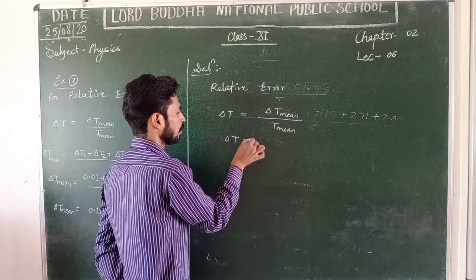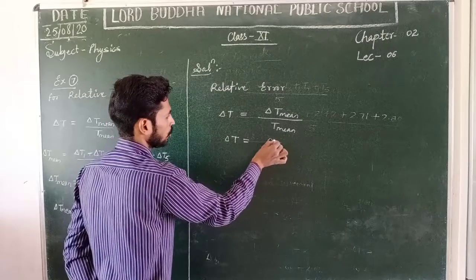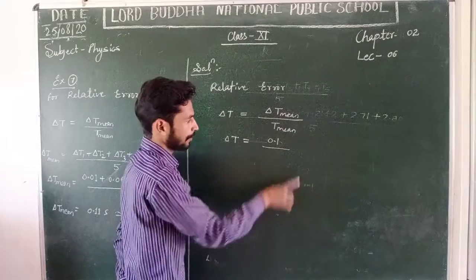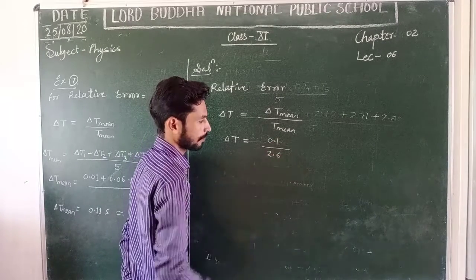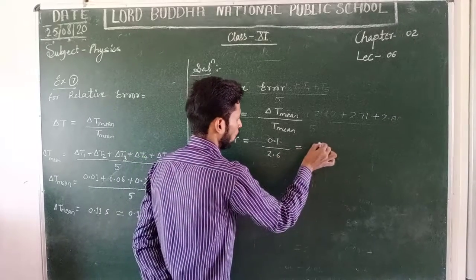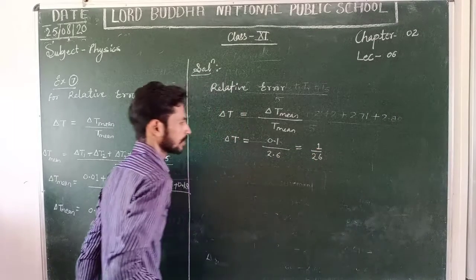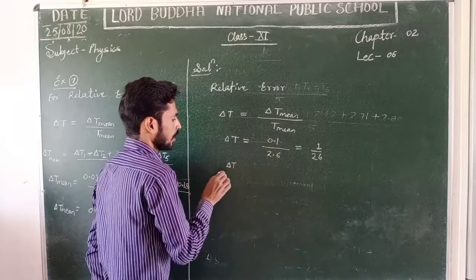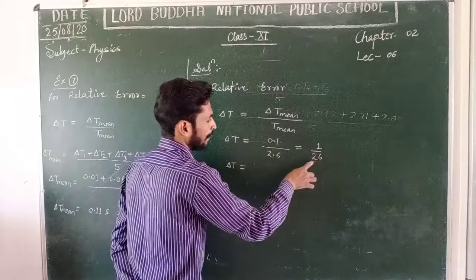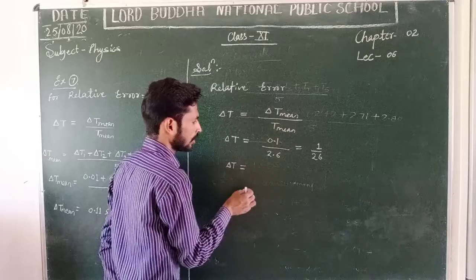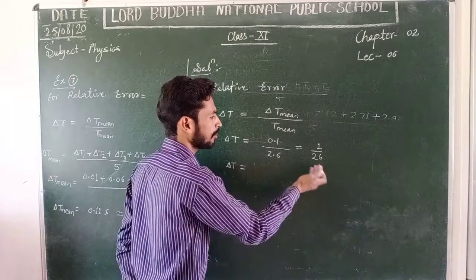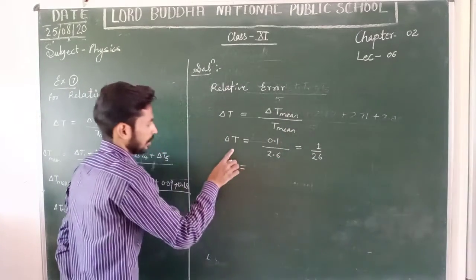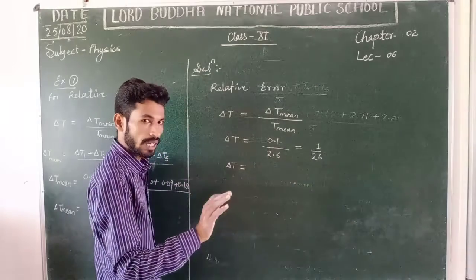Delta T mean is 0.1 second, which we found here, and T mean was 2.6. So we can write 1/26, which is about 0.04. This is the value of delta T, that is the relative error.